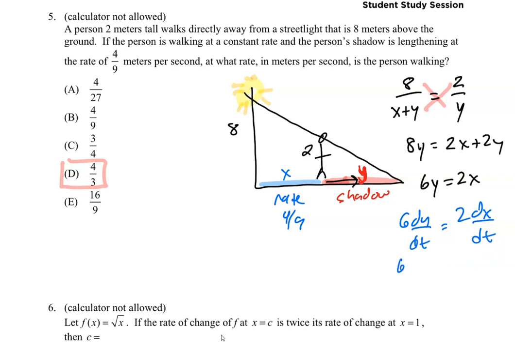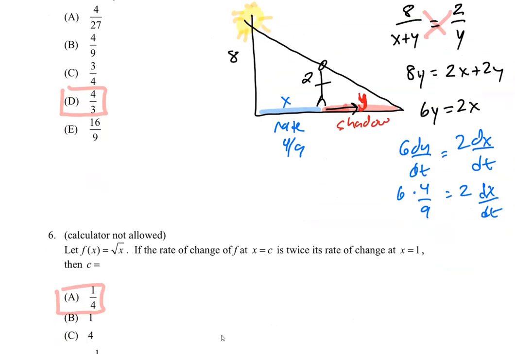Okay, so 6 times 4/9 equals 2 dx dt. And I just divide by 2. 6 times 4 is 24, so it's 24 over 9. And if I divide by 2, that would be 24 over 18. And then if I reduce that by 6, that'd be 4/3.